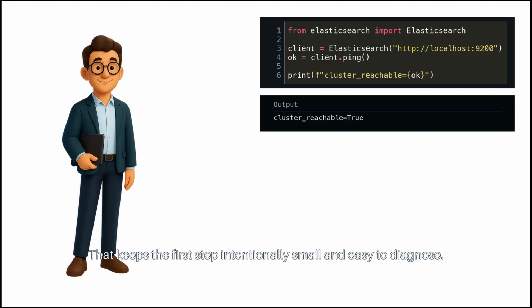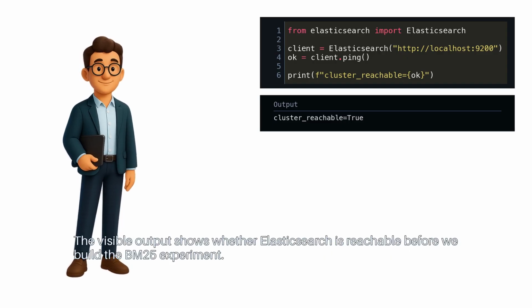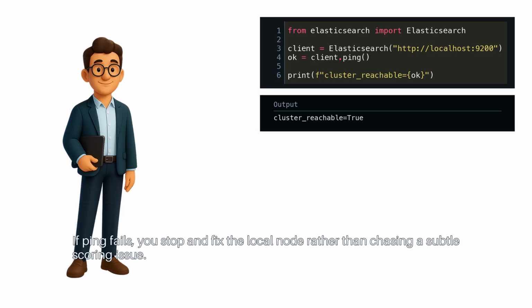That keeps the first step intentionally small and easy to diagnose. The visible output shows whether Elasticsearch is reachable before we build the BM25 experiment. If ping fails, you stop and fix the local node rather than chasing a subtle scoring issue.